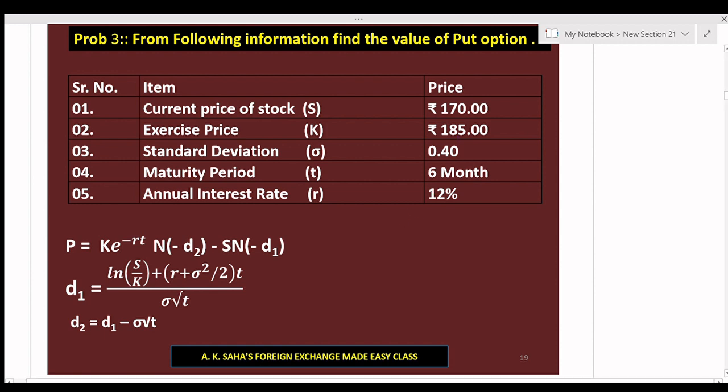You see here it is ITM for the put option, that is, the stock price is less than the strike price. So the put option buyer is in the ITM position, and all other figures are given.